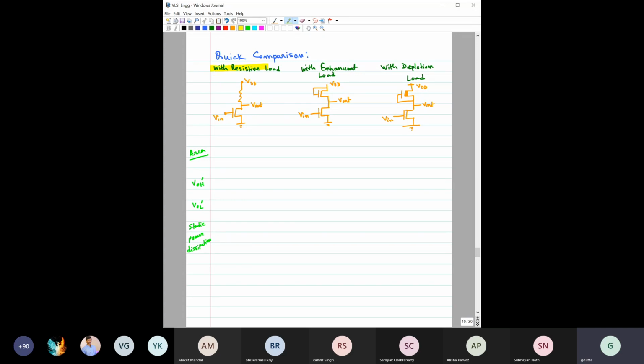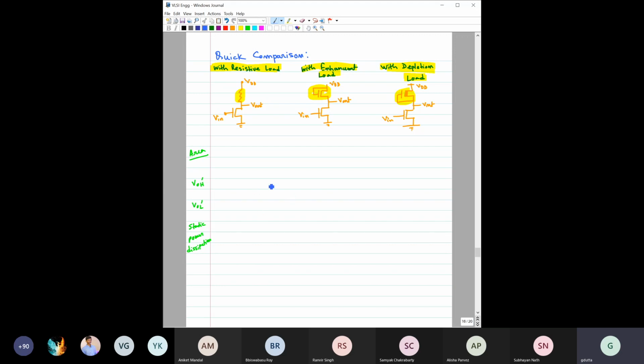The first one is the resistive load, then the enhancement load, which we discussed yesterday, and the depletion load, which we discussed today. Let us take them one by one and analyze their performance in terms of area, VOH dash, VOL dash, static power dissipation, and so on.